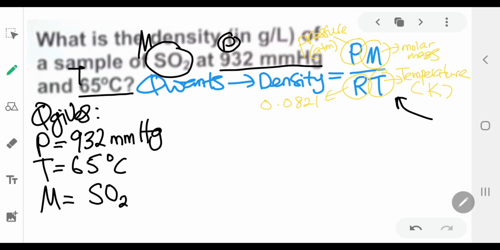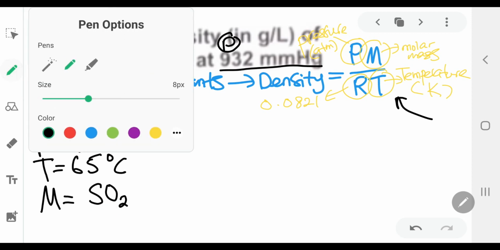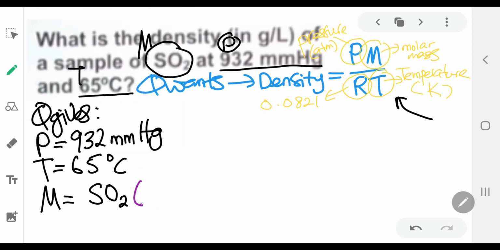When you look at your periodic table, take the molar mass of sulfur and the molar mass of oxygen, and calculate it, you should get the molar mass of this one to be about 64.07 gram per mole.